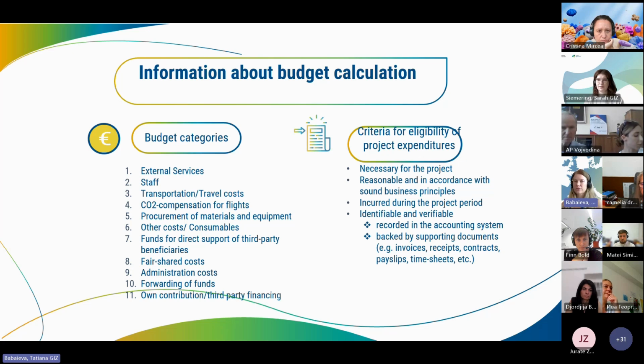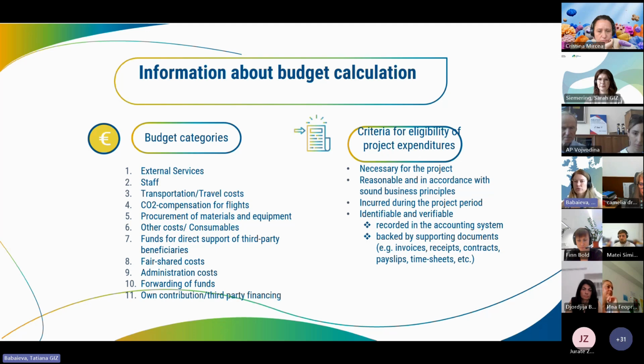Regarding the criteria for eligibility of project expenditures, it's important to note that not all expenditures possibly connected to the project are automatically eligible to be financed by the EUKI funding.